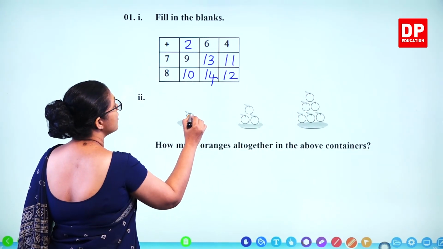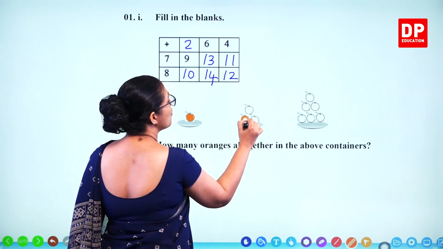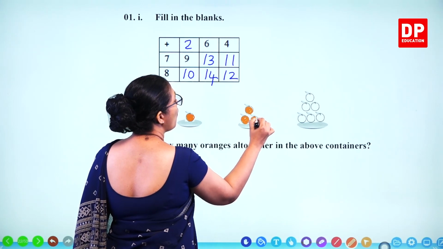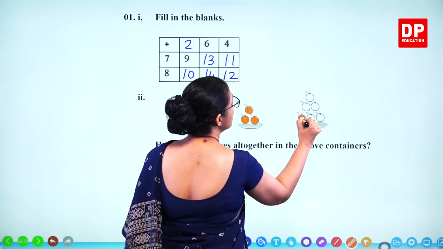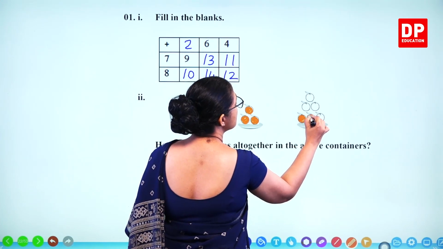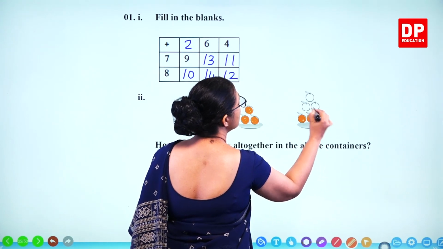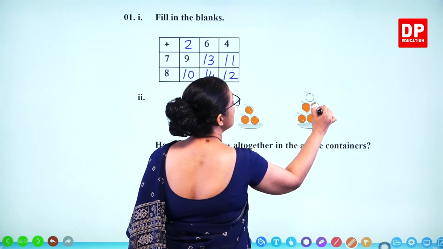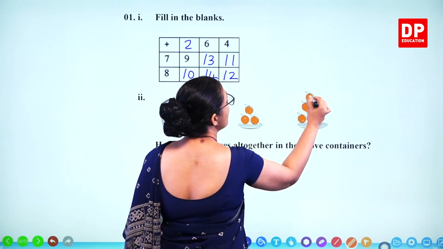So this is 1, 2, 3, 4, 5, 6, 7, 8, 9, 10. 10 oranges are there.